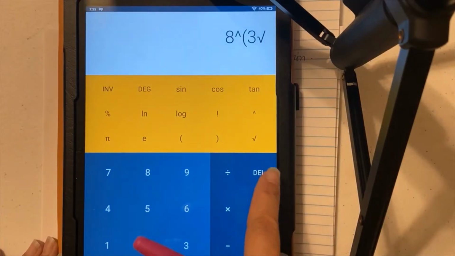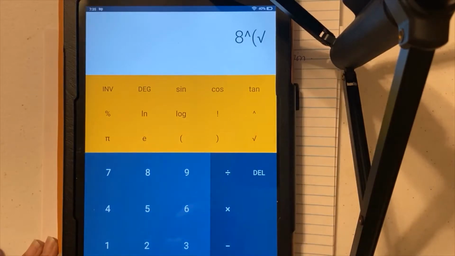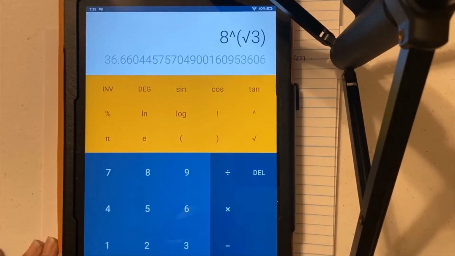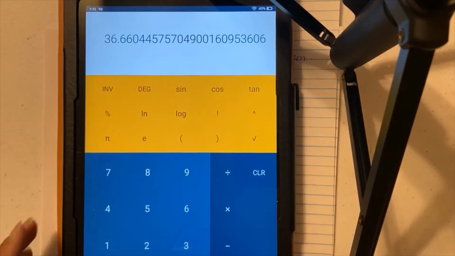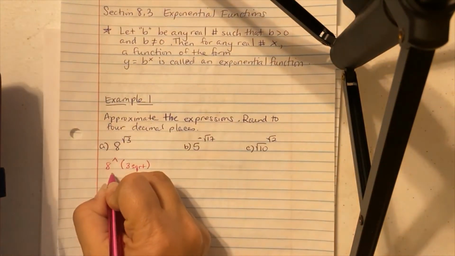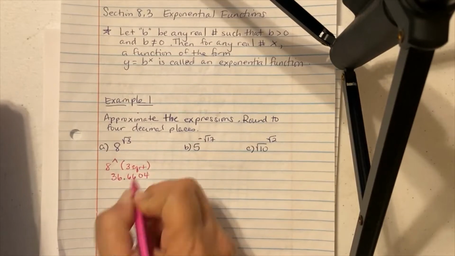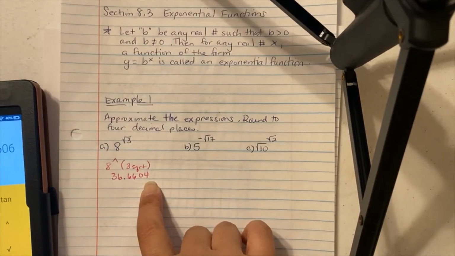So I need to delete that back. I'm going to put square root, hit the 3, close the parentheses, and hit equal. I get 36.6604. It said to go 4 decimal places, so we're going to write 36.6604. And the reason I don't go anything after it is because after that 4, there was another 4.